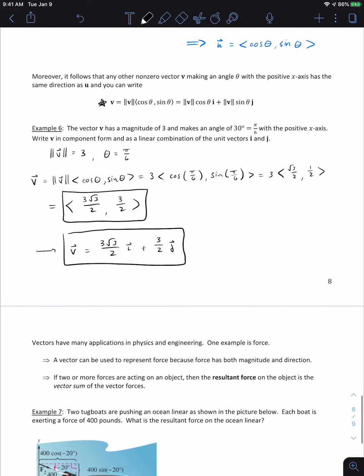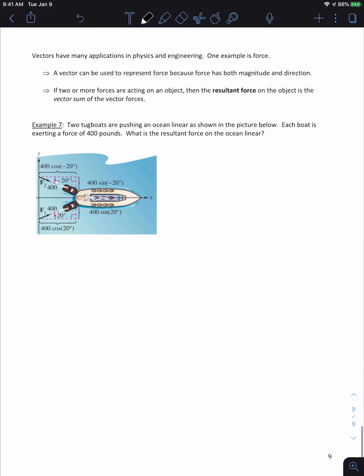Okay, now let's talk about physics. So vectors have many applications in physics and engineering. One example is force. Why? Well, remember vectors are helpful because they have a magnitude and a direction, and force has a magnitude and direction, right?